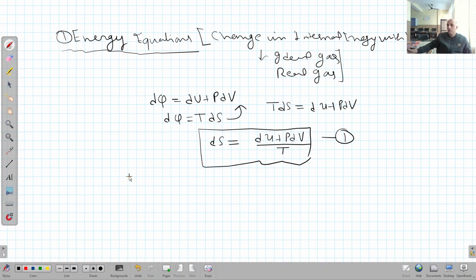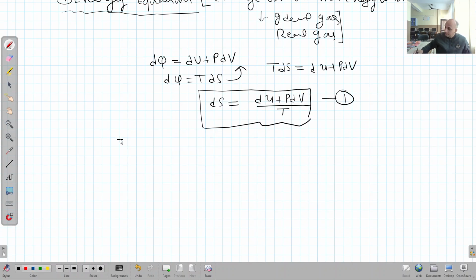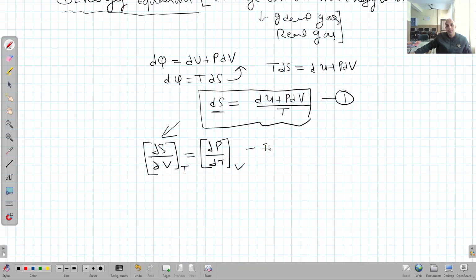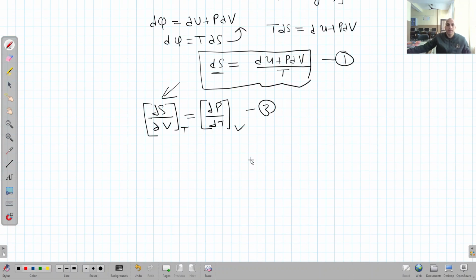Let this be equation number 1. Clear? Now we know from the Maxwell second equation, (∂S/∂V) at constant temperature is equal to (∂P/∂T) at constant volume. Clear? So now here we have written ds, I can take ∂S and put this in the equation.